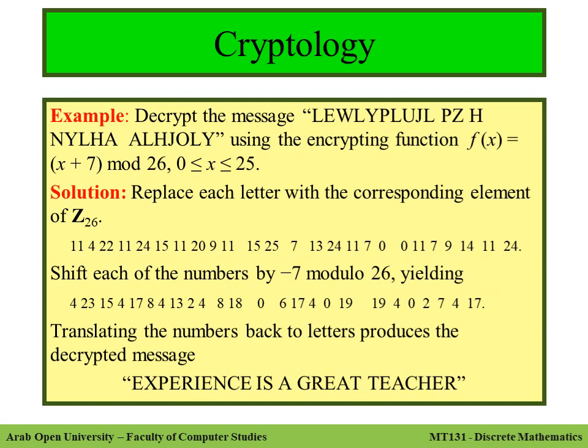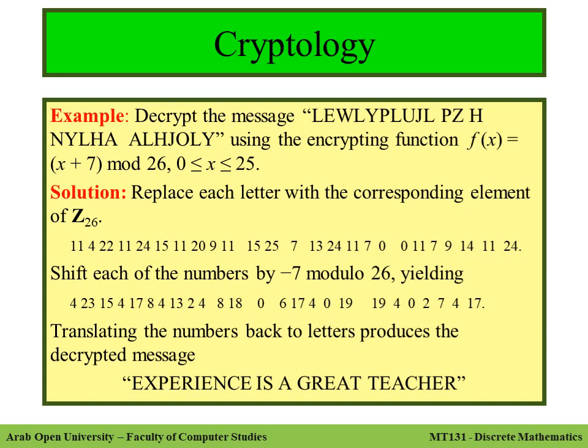Here is an example where we're asked to decrypt a message. To decrypt a message, you have to know the decryption function. Sometimes you're not given the decryption function, you are given the encryption function. So before you decrypt the message, you have to find the inverse function and then apply it to the encrypted message.